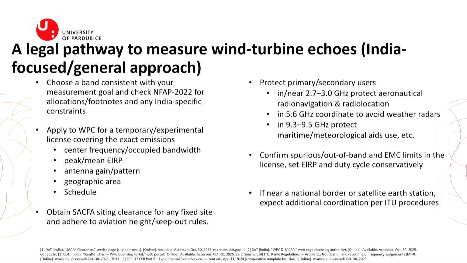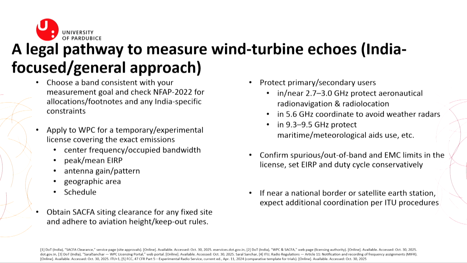And you probably fill in some form, prepare some documents, and submit to authorities and wait for an answer. Then you obtain from SACFA, it is the Indian authority that gives you this clearance, siting clearance for any fixed site, and adhere to aviation height keep-out rules.